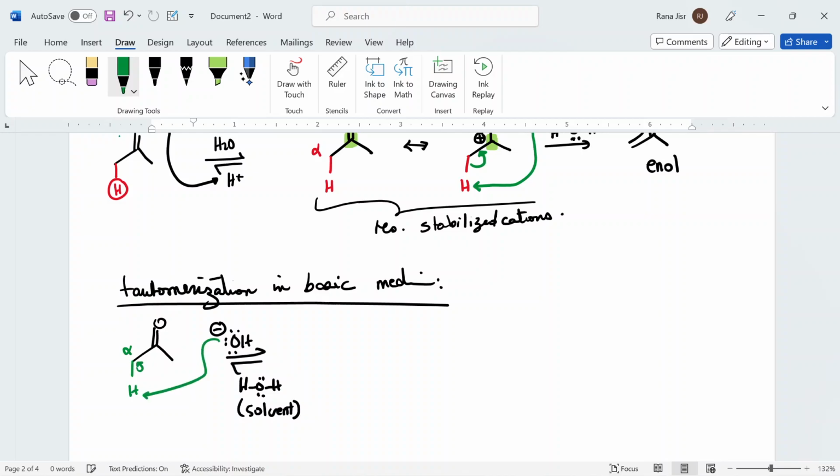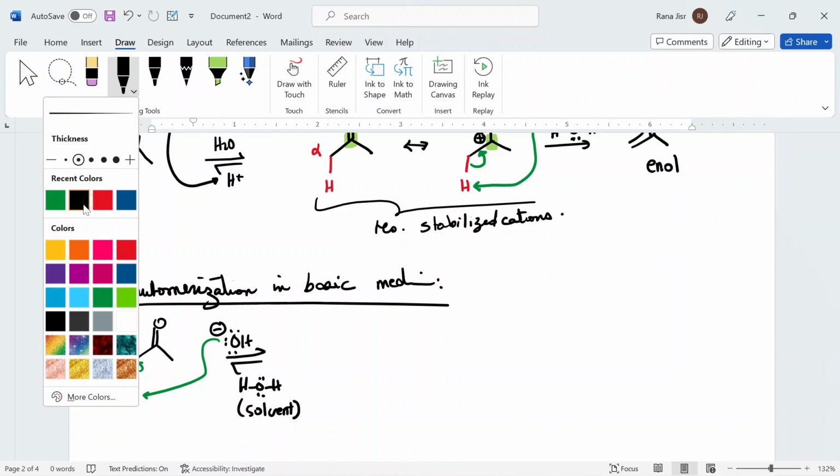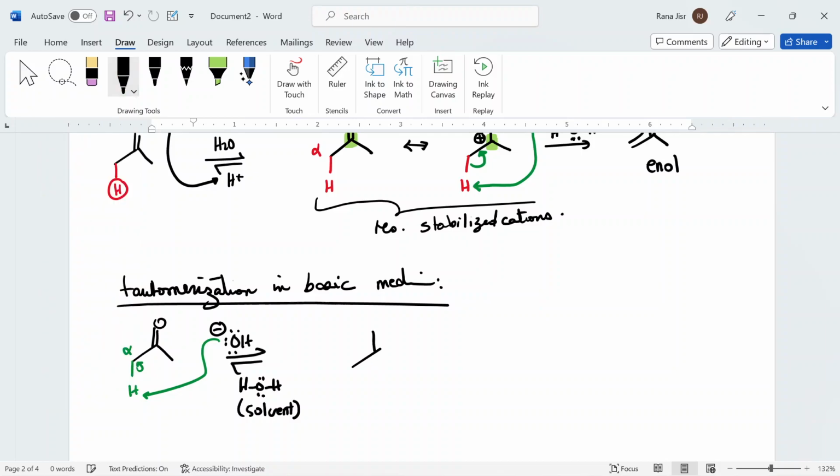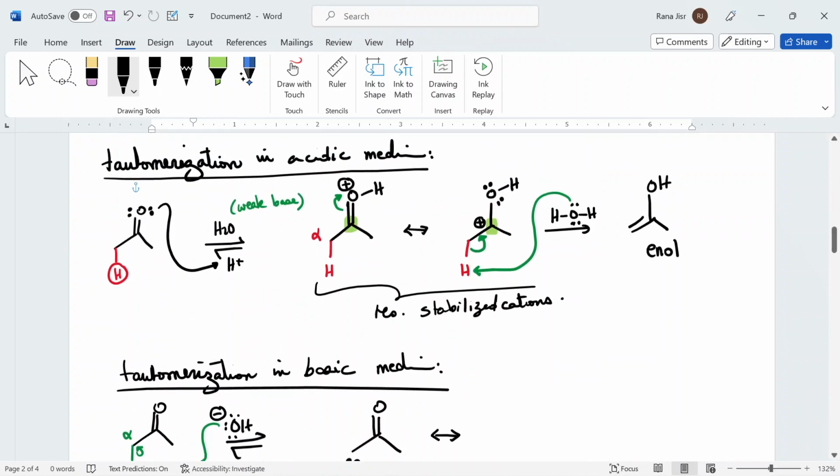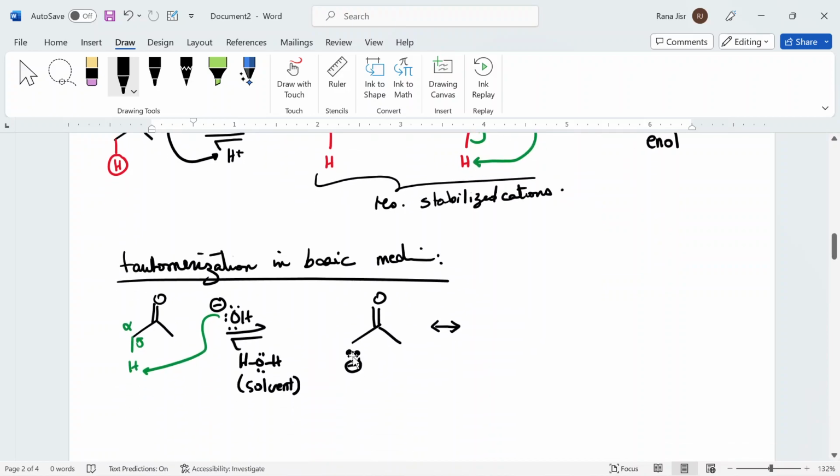When it does, you're going to make the enolate ion. So we're going to draw our enolate ion. That enolate ion is again resonance stabilized. So in the acidic medium, you get a resonance stabilized cation. In the basic medium, you get a resonance stabilized enolate ion.